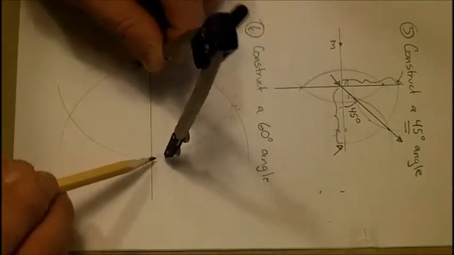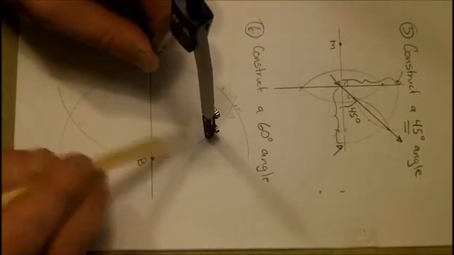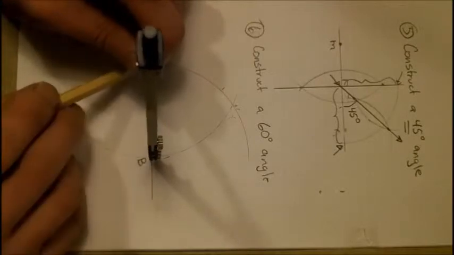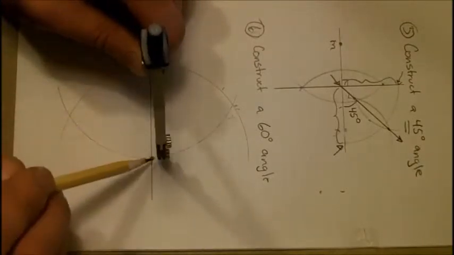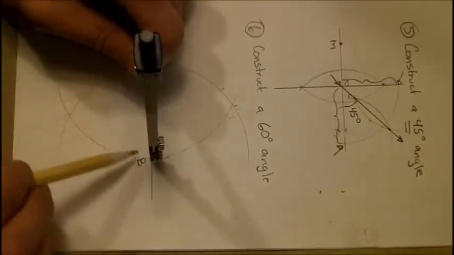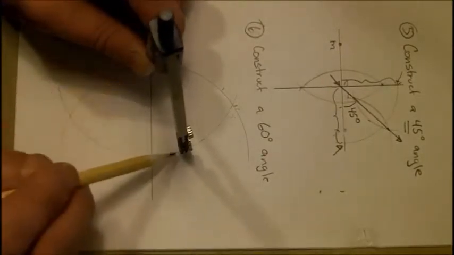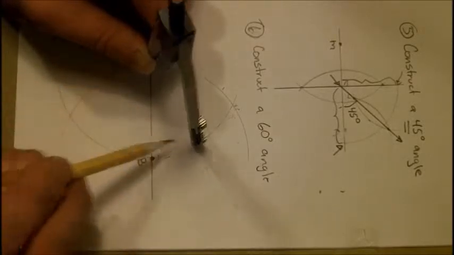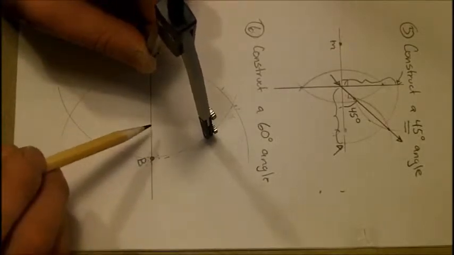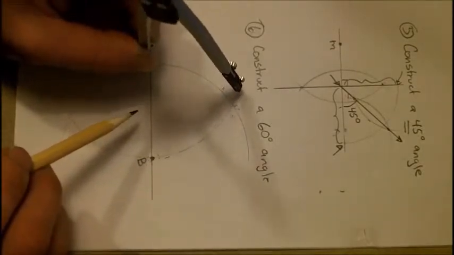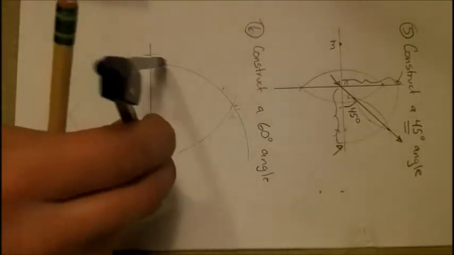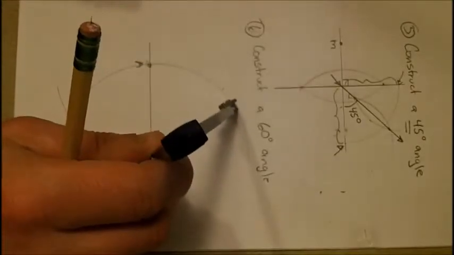So every point on this arc is the same distance as the distance between A and B. So the distance from A to this point is the same distance as between A and B. The distance to this point is the same distance between A and B. So essentially what we're trying to do is look at all the range of possibilities and find when that distance is going to match.